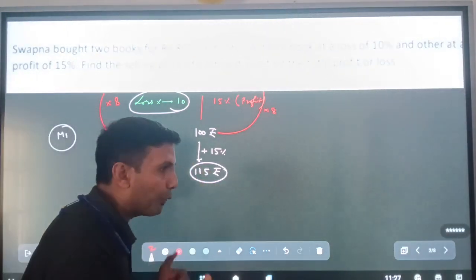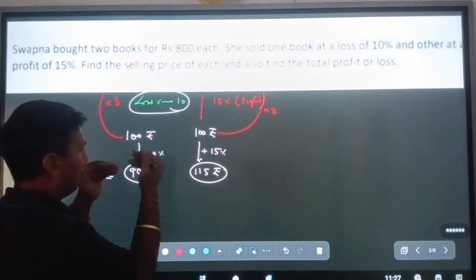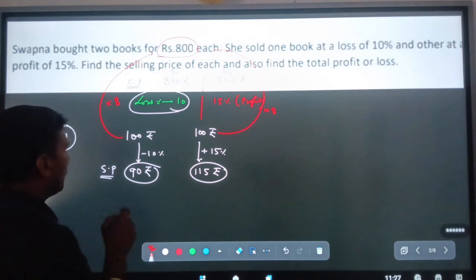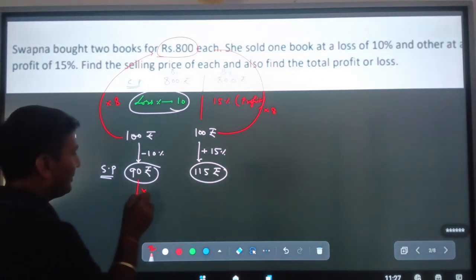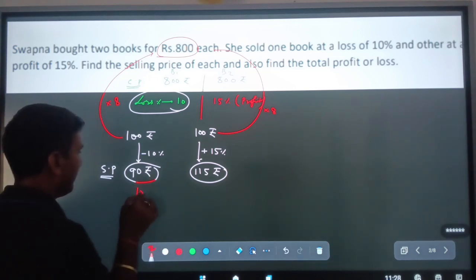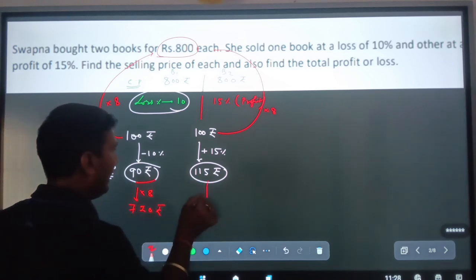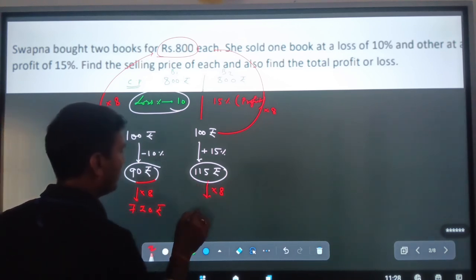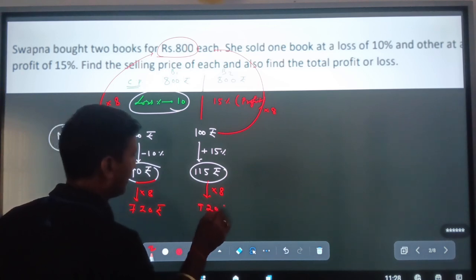So in the same proportion, we can multiply the things. So 8 times of these things, 720 rupees, and 8 times of this, that is going to be 920 rupees.